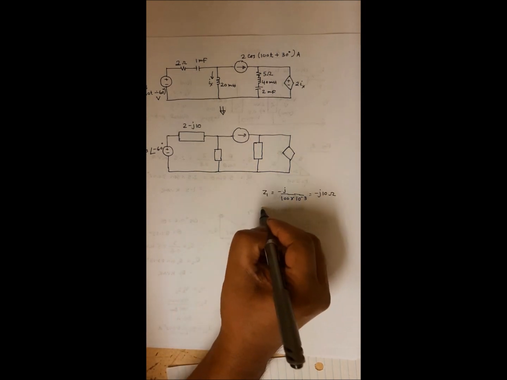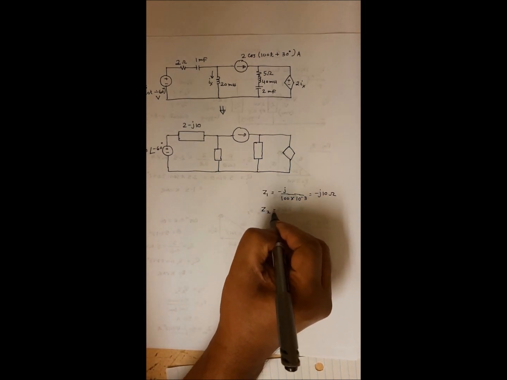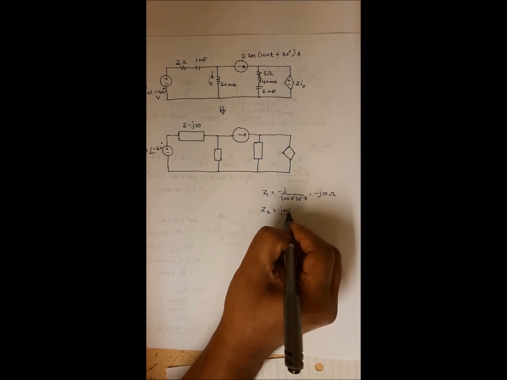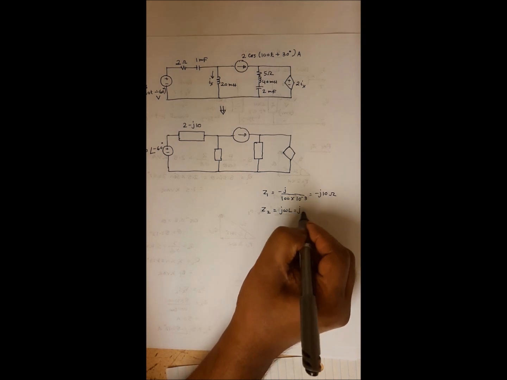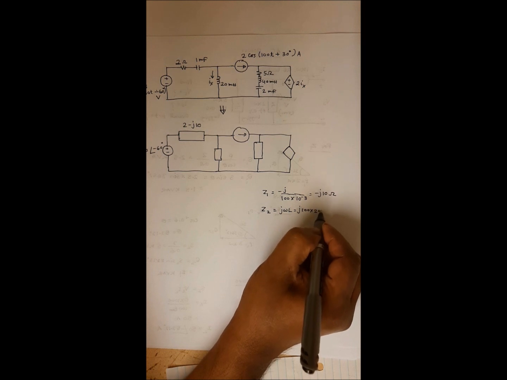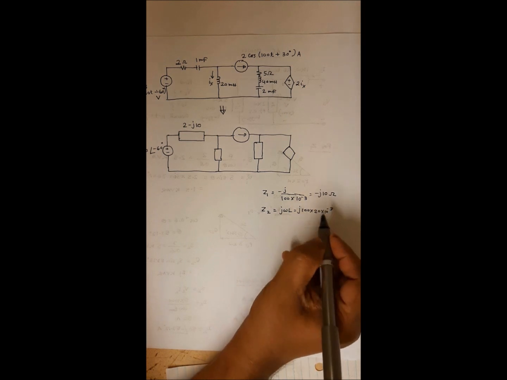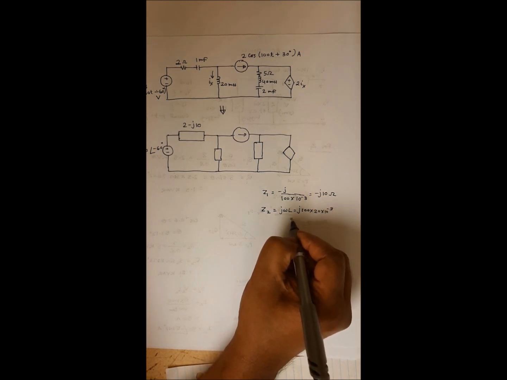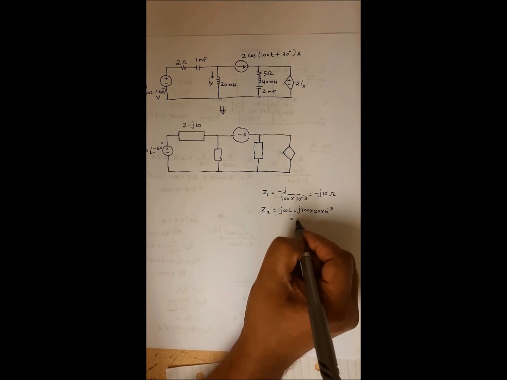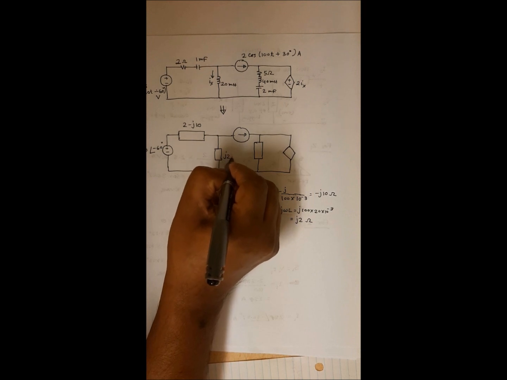Then this one, Z2, is j omega L. Omega is 100 and L is 20 times 10 to the power negative 3, so this will be j2 ohms.